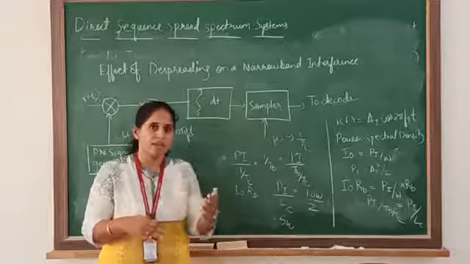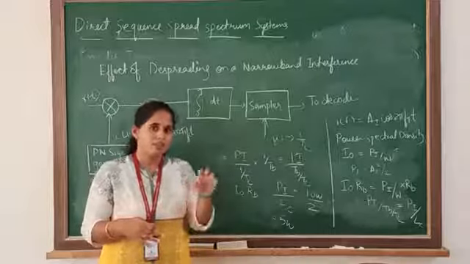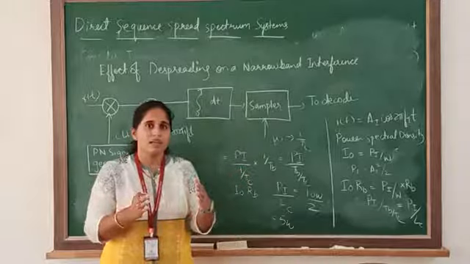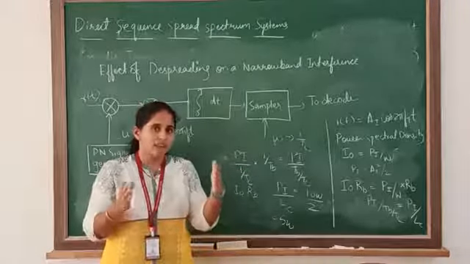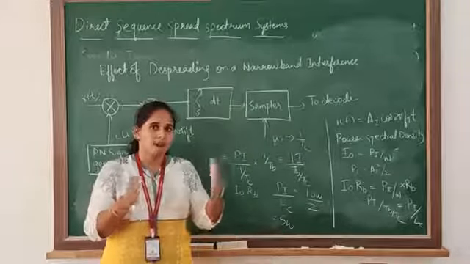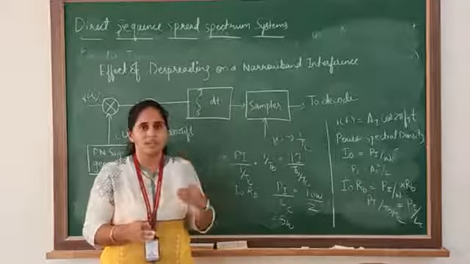Then again we multiply with the C of T, PN sequence. When we are multiplying with the C of T, what will happen? The interference signal gets widened, that is, its bandwidth gets widened. Because its bandwidth gets widened, when it is passed through a matched filter, the net effect is the reduction in the interference power.